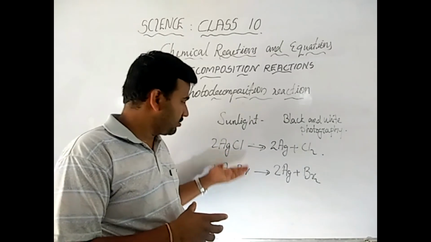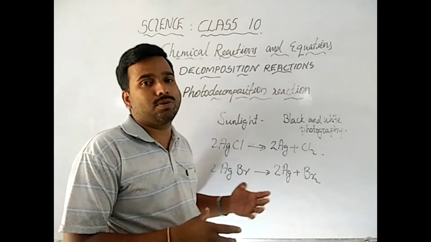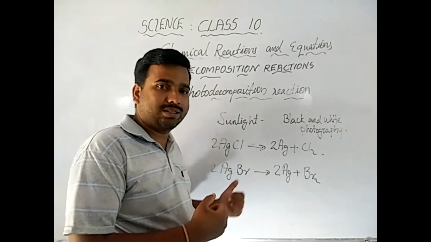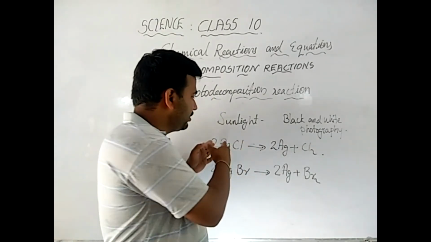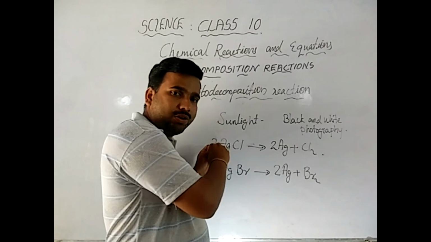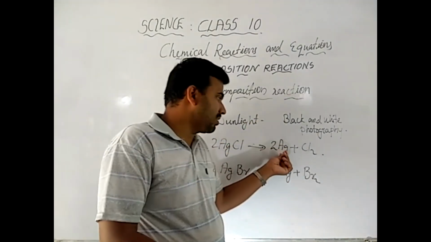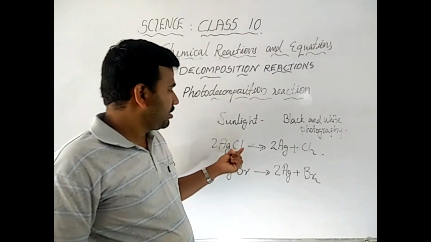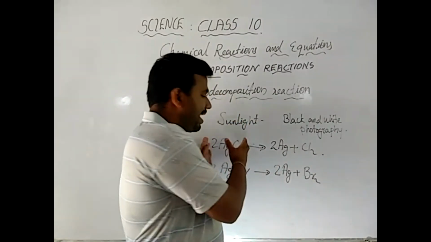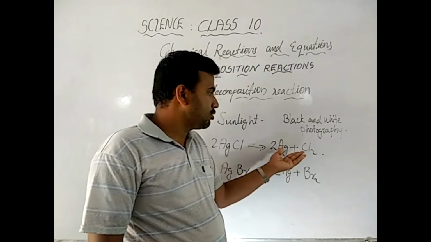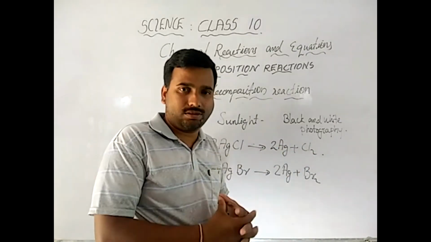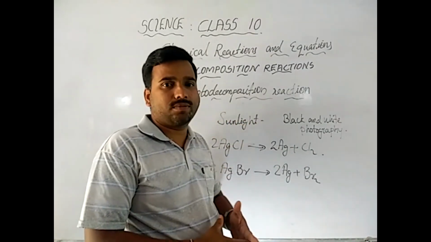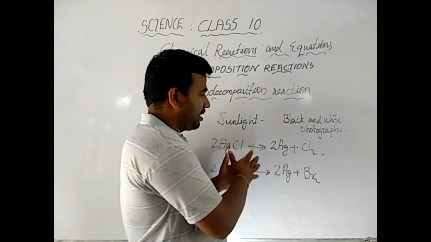When these chemicals are exposed to sunlight, they absorb that light energy and use it to break up into silver and chlorine. So a single reactant breaks up to give two products by using sunlight.